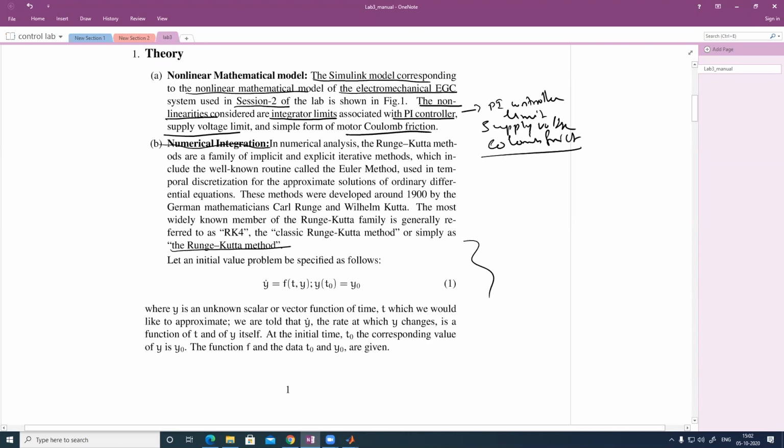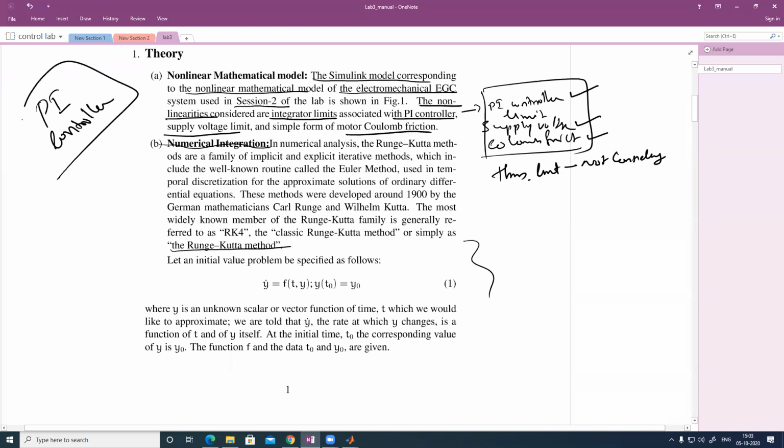The theta m limit you are not considering. And you are using a PI controller with rate feedback, so PI controller plus rate feedback only.